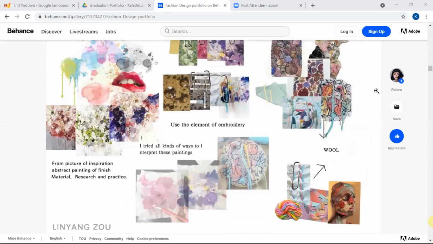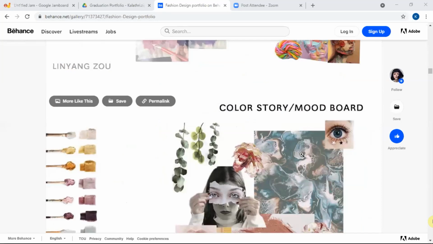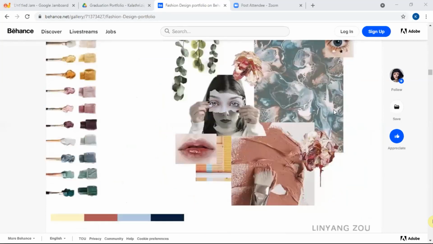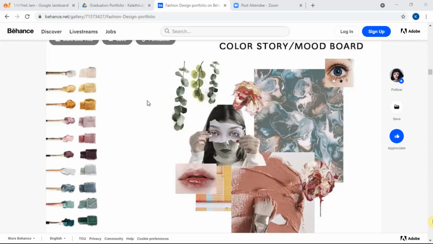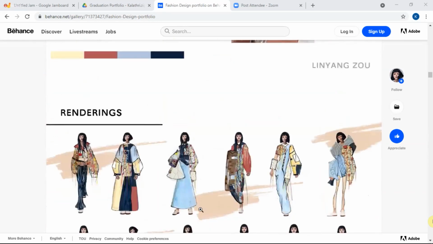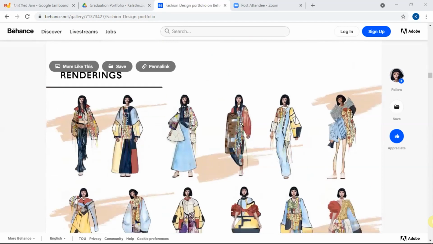And here, the story or the mood board. This is going to present the idea of the collection or the designs that come throughout this collection, and these are the colors. So this would be the final designs.